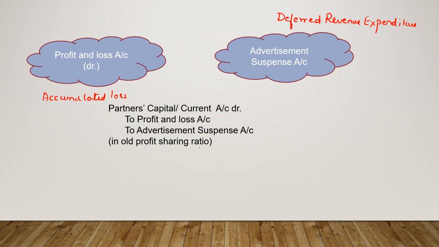So this is how the accumulated profits or accumulated losses, as represented by the profit and loss account, and the reserves which are present are dealt with in general in the case of retirement of a partner. The same thing would be applicable even in case of a death of a partner. The same treatment would be given for the accumulated profits and losses or the reserves.